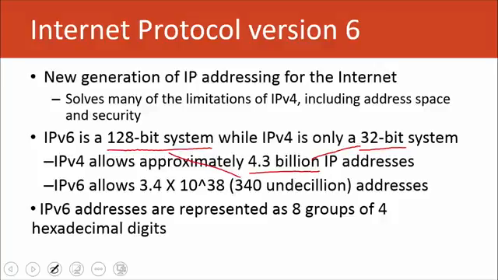And if I wrote out all the zeros in an undecillion, let alone 340 undecillion, I'd be writing for a really long time. I encourage you to look up how many zeros that is. It's pretty cool. And in fact, it's enough addresses to give an address to every single grain of sand on Earth right now. And that is just mind-boggling, absolutely mind-boggling. I had a student tell me once, they did some calculations.